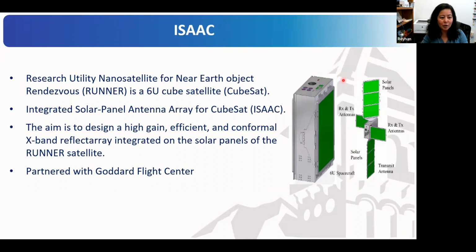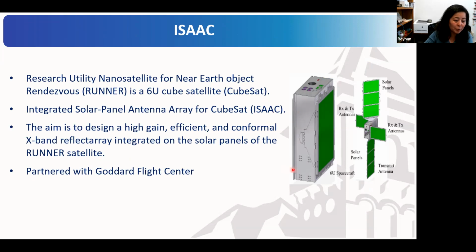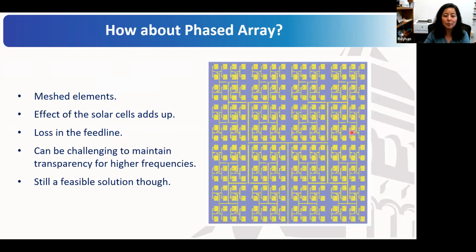So therefore, again, we want to make sure we can design transparent, high gain antennas that we can put on top of the solar panel. So this is integrated solar panel antenna array for CubeSat. That's a project that we just finished not so long ago. I will talk about this one a bit more, but how about phased array? Sure, we can definitely consider that. That means each element has to be transparent, so we can mesh each element.